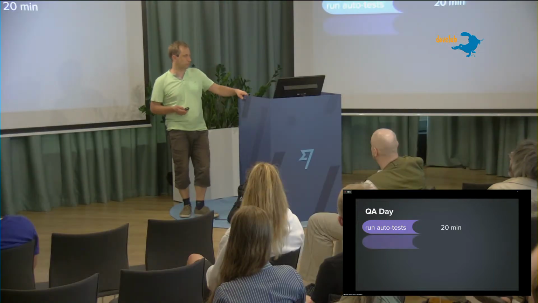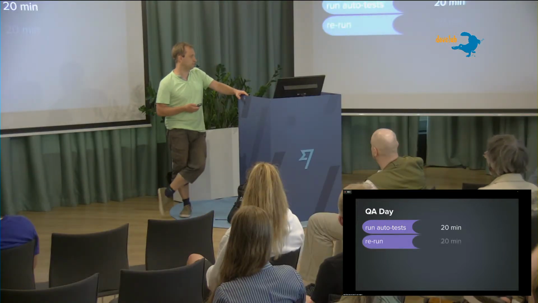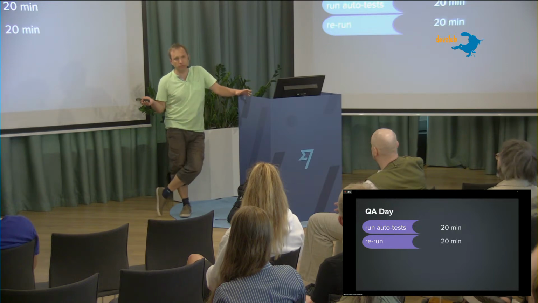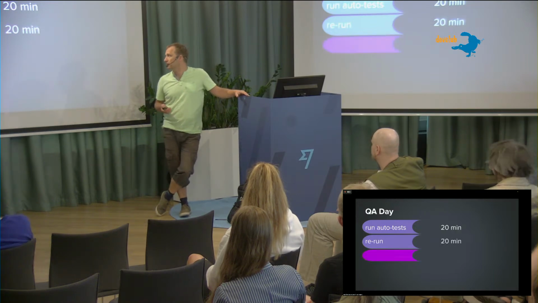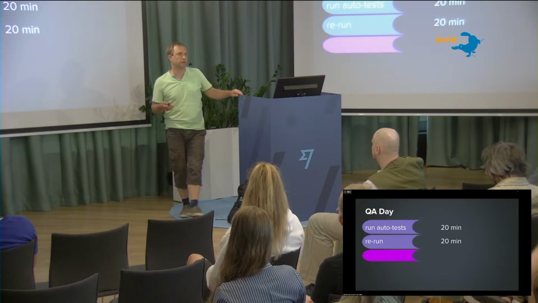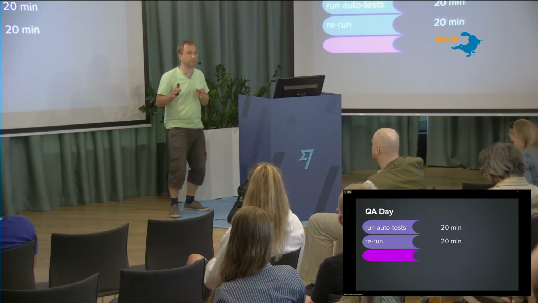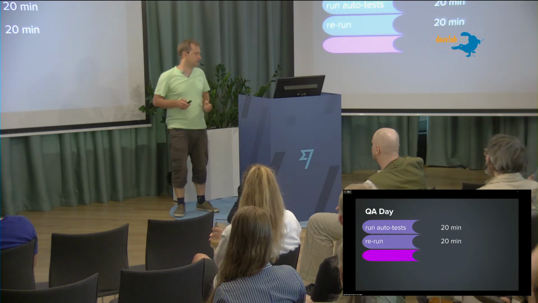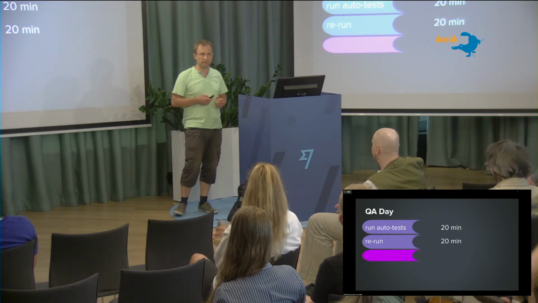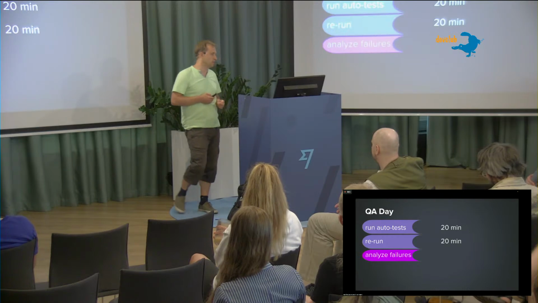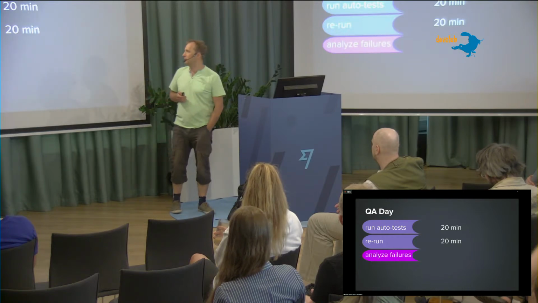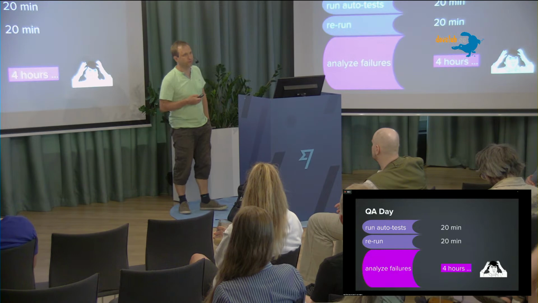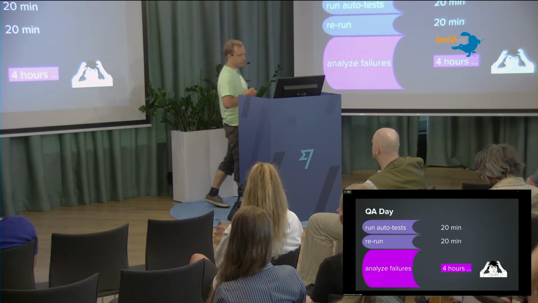He decides to rerun the tests. It takes again about 20 minutes probably. And still some tests have failed. Probably some other tests have failed. And then he needs to investigate why it failed. Analyze failures, yeah. And it might take much more, probably half of a day, probably the whole day.